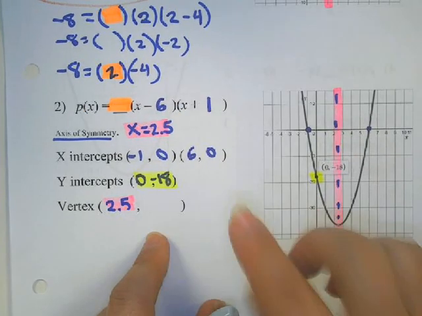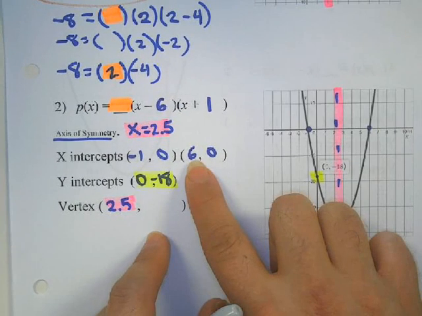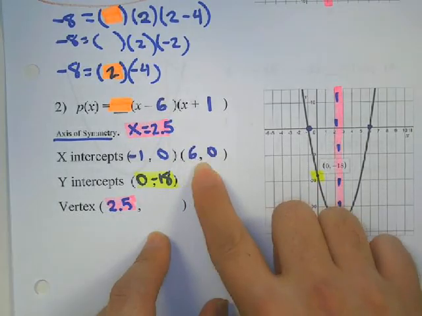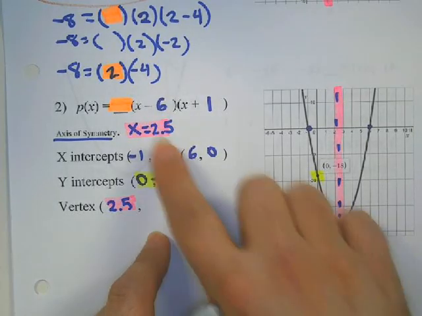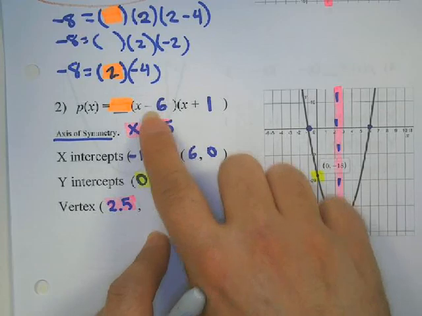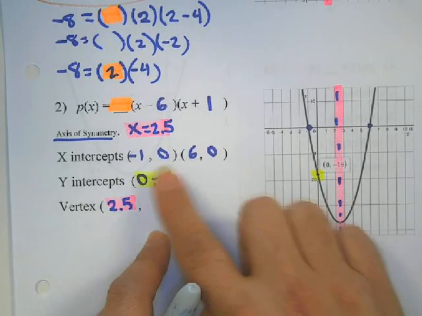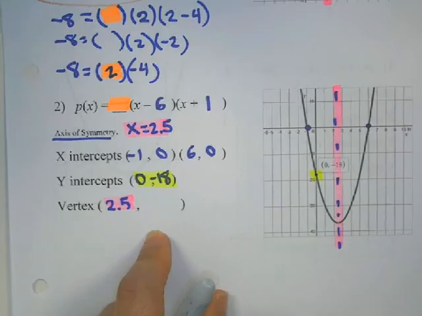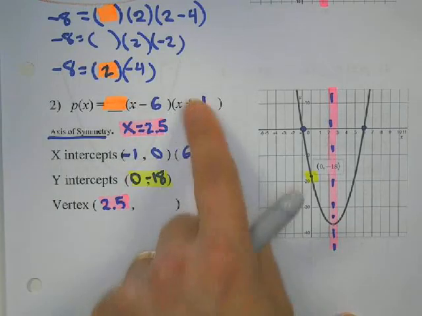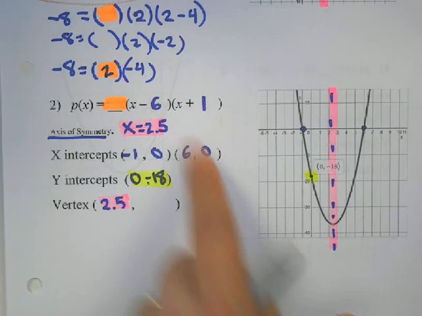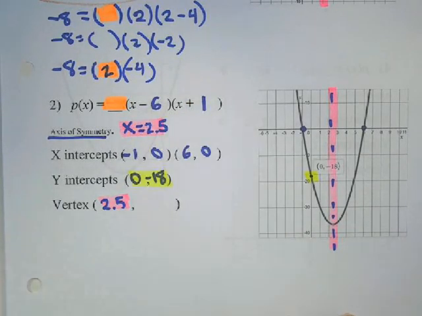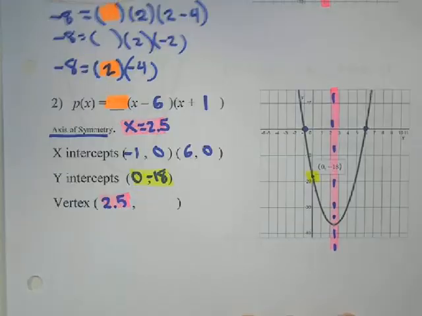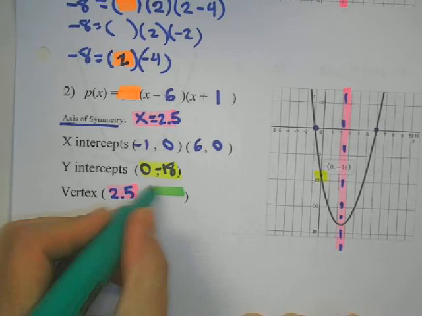It needs to be the opposite sign, because if I want this x-intercept to be 6, I have to have x minus 6, because 6 minus 6 is going to give me 0. Okay, so it needs to be the opposite sign of the x-intercept.